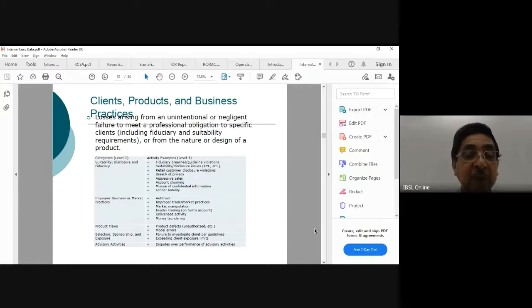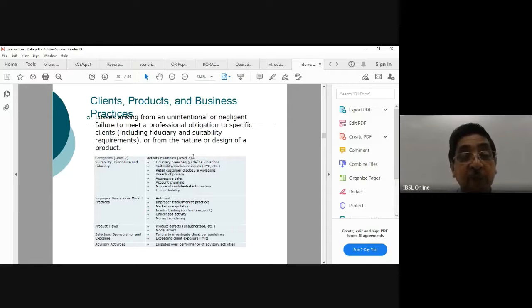Now, if you try to explain all these things, there will be so much time consumption. So what I want to tell you is you can literally read these things, and I just want to show you the way it has been given. You should understand what you mean by level 1 risk categories, level 2 risk event types, and level 3 risk event types.